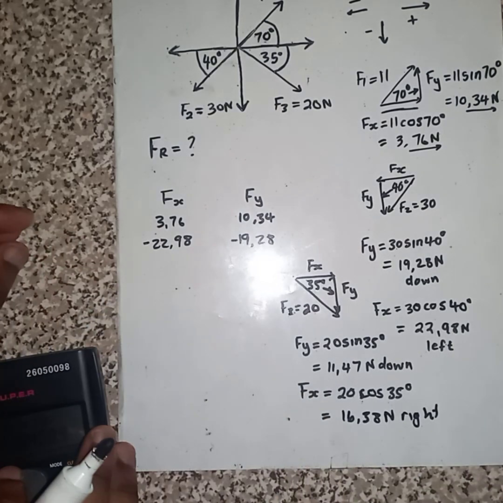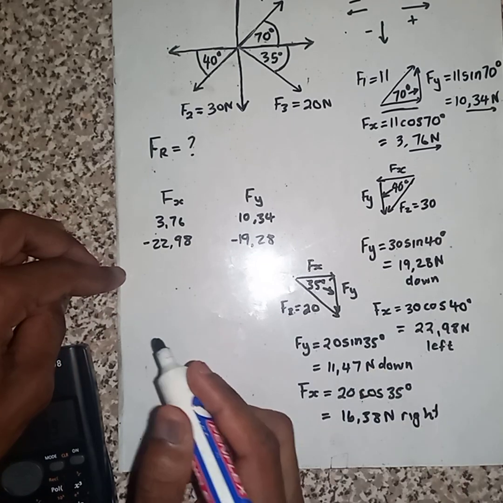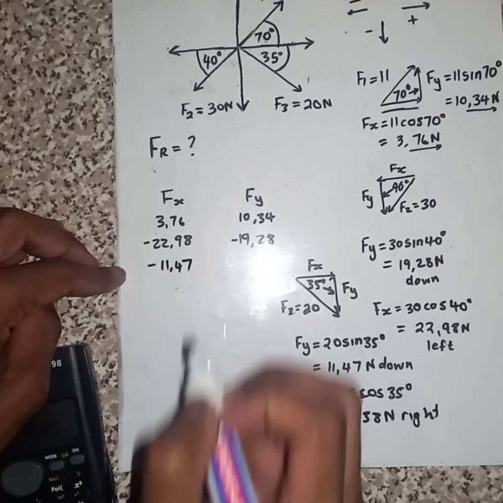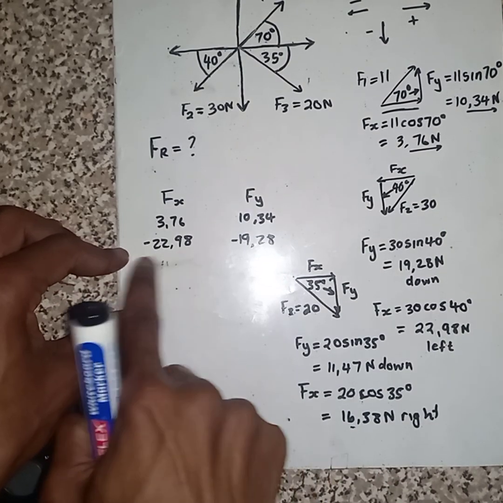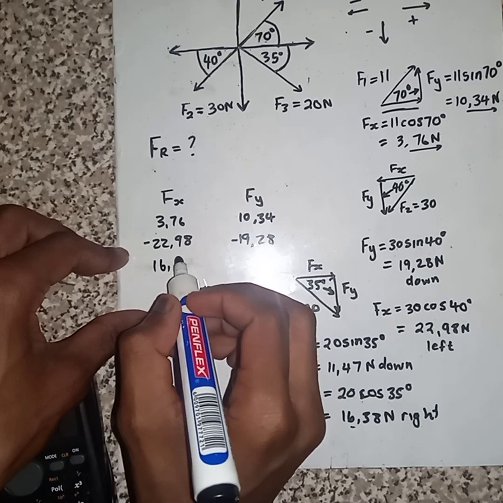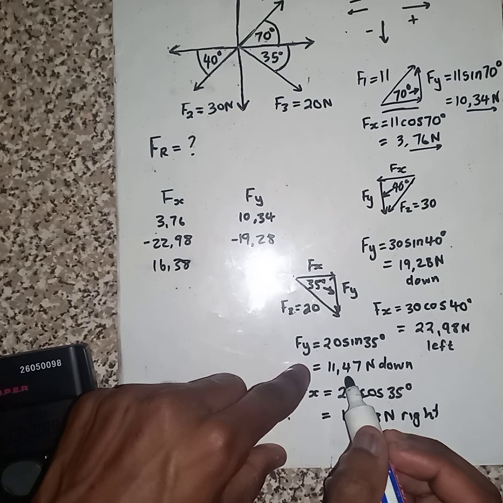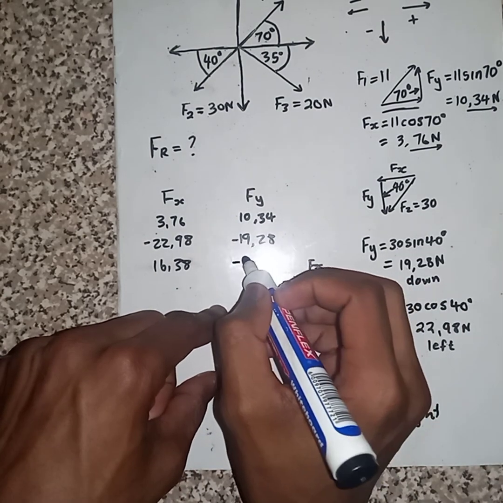Immediately after doing this, you substitute everything. 11 downwards, put the negative sign, 47. Then 16,38 for fx. For fy we got 11,47, but downwards, so it's going to be negative.